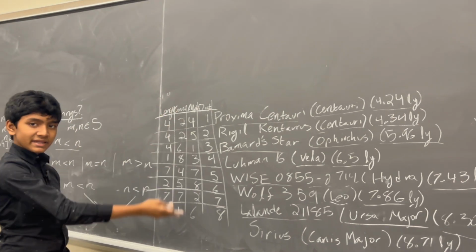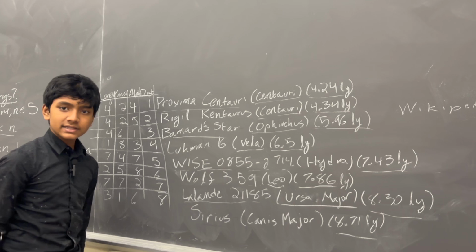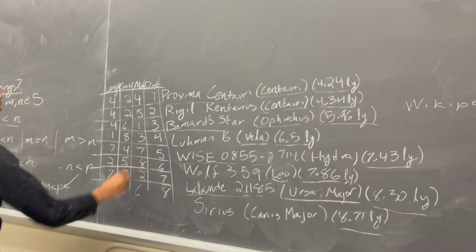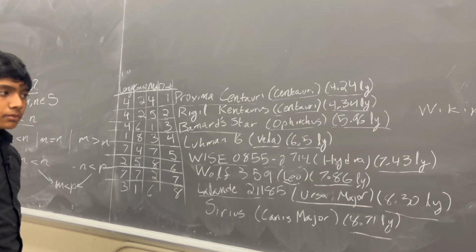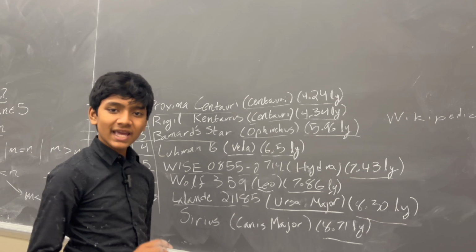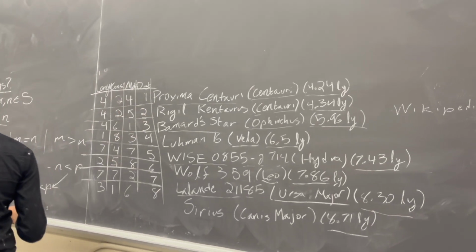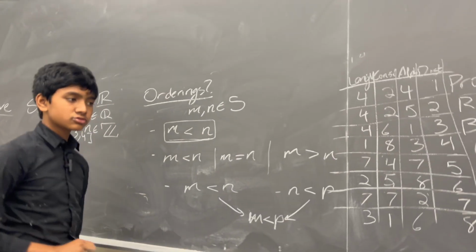So there are so many different orderings that we can present for these. And it's not like a single one is correct, although some of them may be a little more useful than others. But there are so many orderings that we can introduce to one set. And so that's why orderings are important, and we don't just have to stick to whatever feels right.